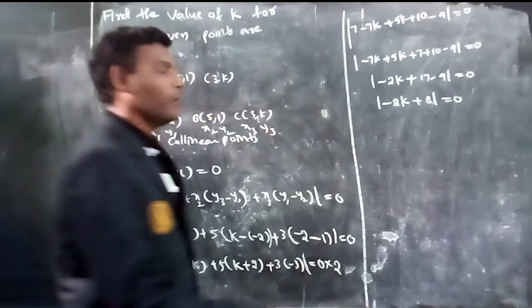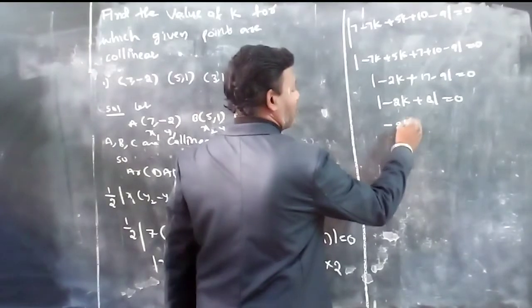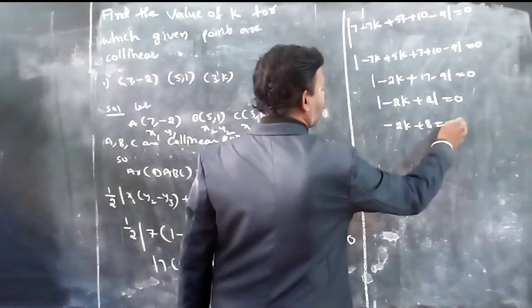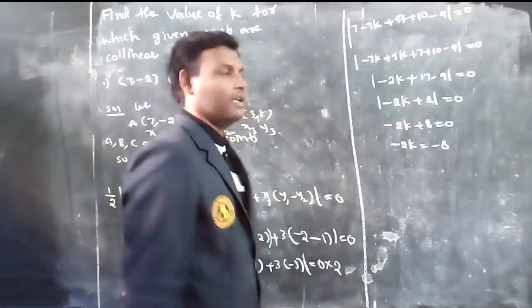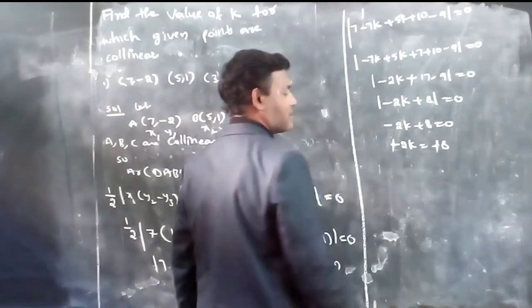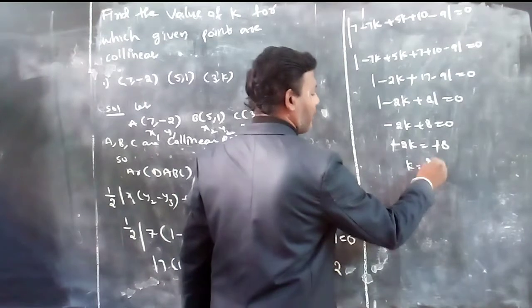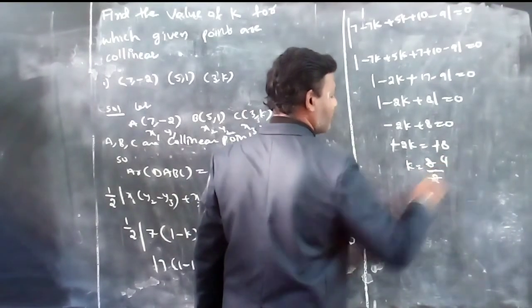Now I am removing the mod, so minus 2k is equal to minus 8. Minus and minus cancel, so k is equal to 8 by 2. 2 fours are 8, so the k value is 4.